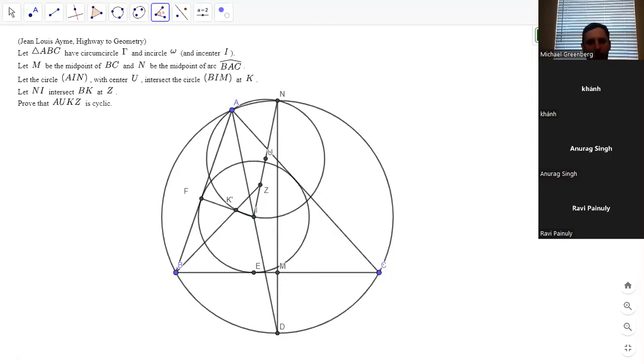So basically, we want to show angle DIN minus 90, which is 90 minus AIN, which is ANI. So yeah, we want to show angle ANI is K prime BC.